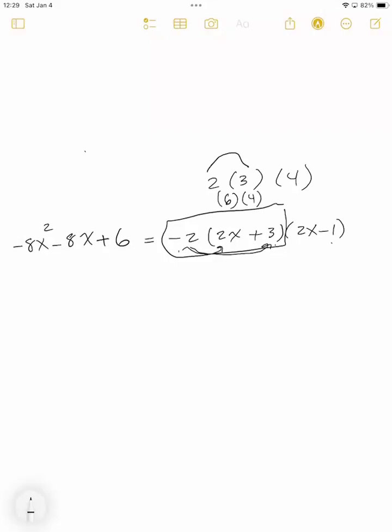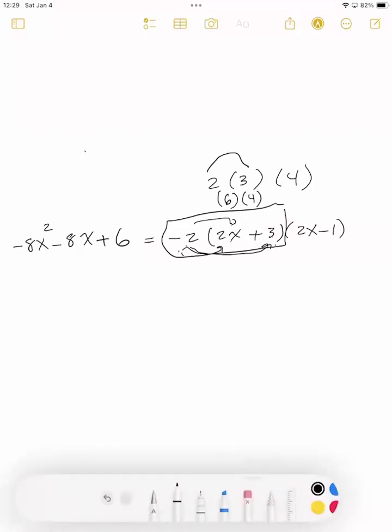So when you're multiplying three factors, you multiply negative 2 by the second factor, and then you're done with negative 2. I have seen students make a mistake, multiply negative 2 by 2x, by 3, and then multiply negative 2 by 2x and minus 1, which is incorrect. So you multiply it by the first parentheses only.